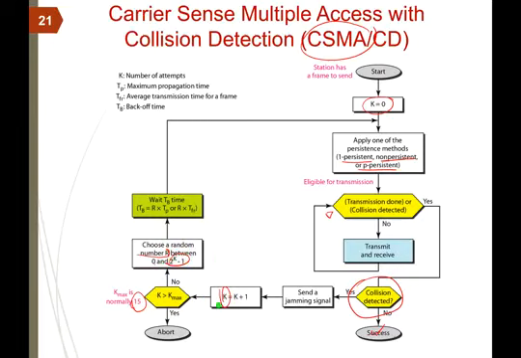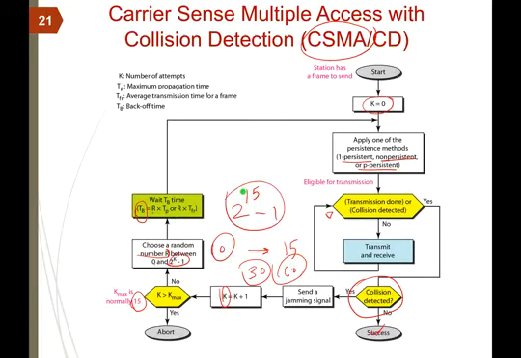So when k is higher, the random number can go to, for example, 15, can go to 30, can go to 60. So when the attempts are more, this TB, or wait time, or backoff time, has a higher probability of being large. It still can be small, but can go to a very big number, because if you say 2^15 minus 1, this is a very big number, okay?